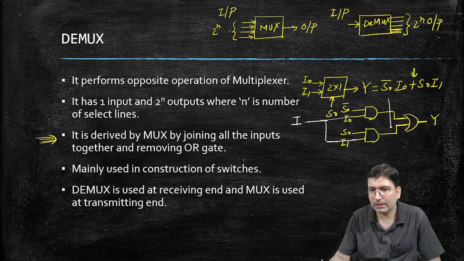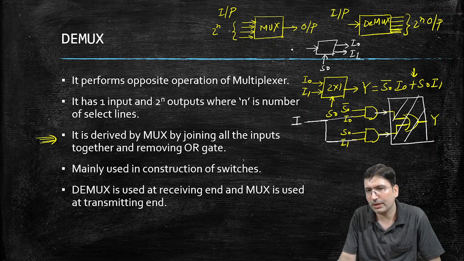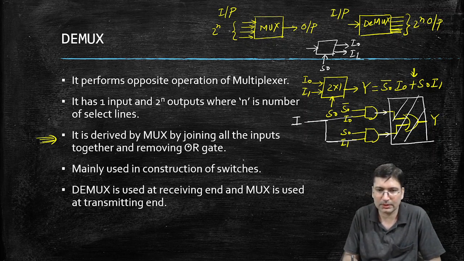And we are removing this OR gate. So we will have two outputs here, this one and this one, right? The select line is one only, so if I draw it, it is demux. There's one input and there are two outputs and there's one select line like S0. So this is I0 you will get here and I1 you will get here, based on the input which you are getting here. Okay, so I guess the third point is clear.